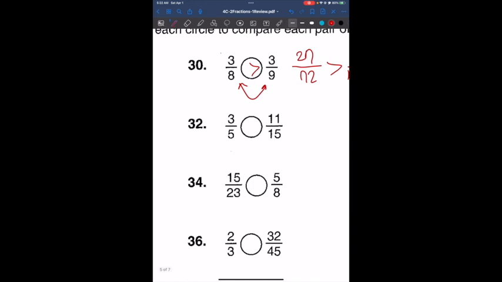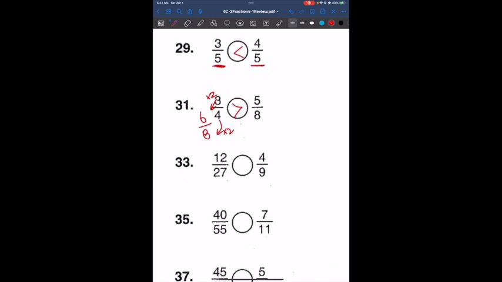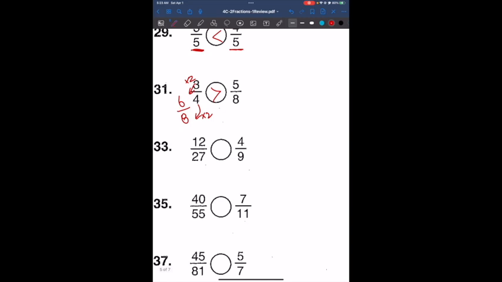Now we're going to change the 5 to a 15. We multiplied by 3, so we're also going to multiply 3 to the numerator. And 11 is greater than 9, so 11 over 15 is greater than 3 over 5. And we're going to change the 9 to 27 by multiplying by 3.